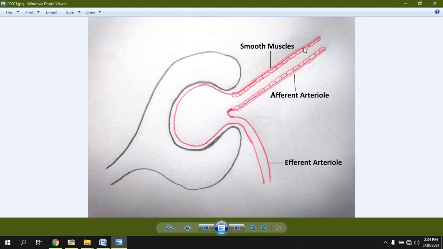The afferent arteriole has a bit larger diameter and the efferent arteriole has a bit smaller diameter. Just like other arterioles, the afferent arteriole also consists of a muscular layer. The muscular layer is also over here, but this muscular layer is very important. That's why I have labeled it.